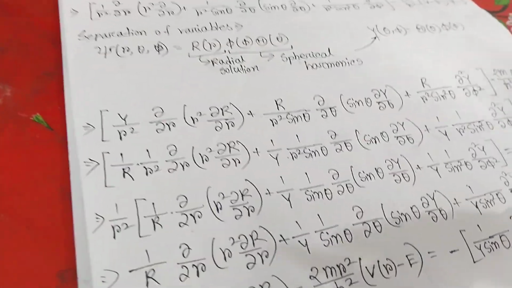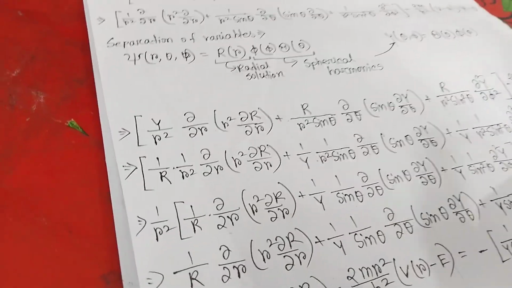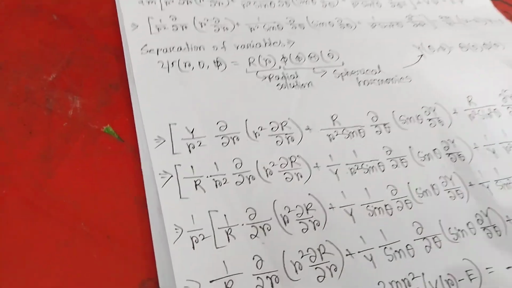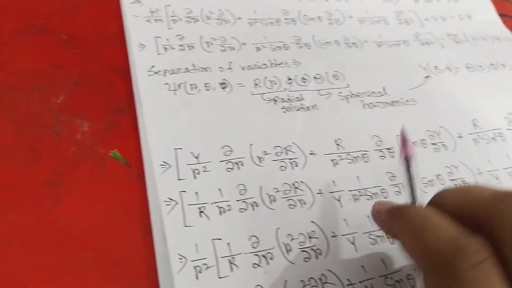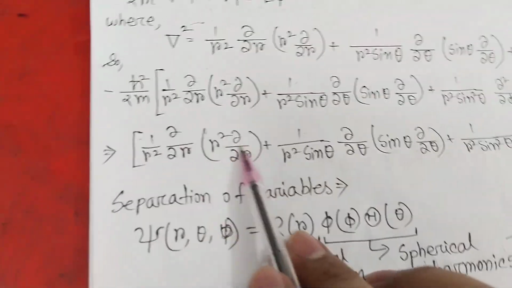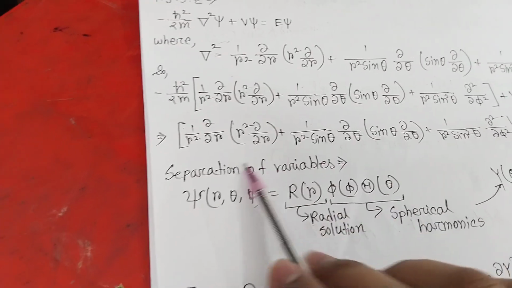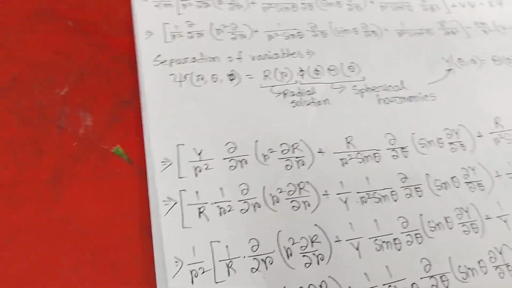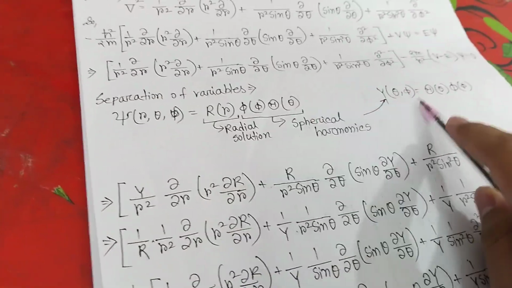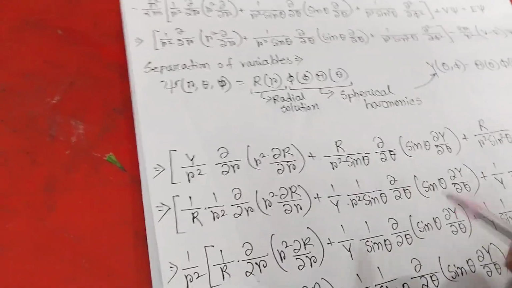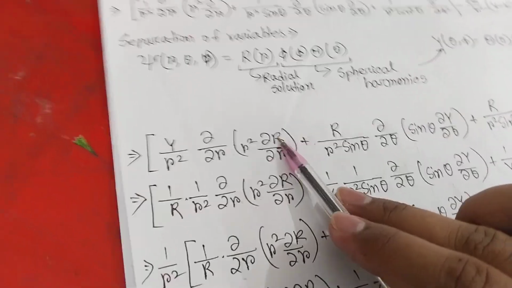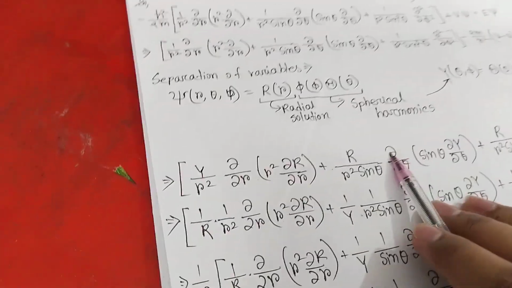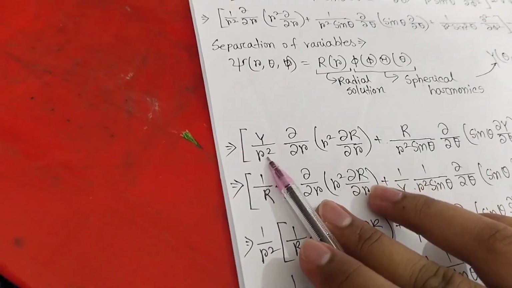We know for partial derivatives, the one variable in respect to which the derivative is taken will be in the derivative and the other variable will be treated as a constant. So in this case, the psi will be broken down into R into Y, and this here is in respect of r, so R will stay and Y will be treated as a constant, and so the derivative rule says that Y will be taken out of the derivative, so Y gets here.